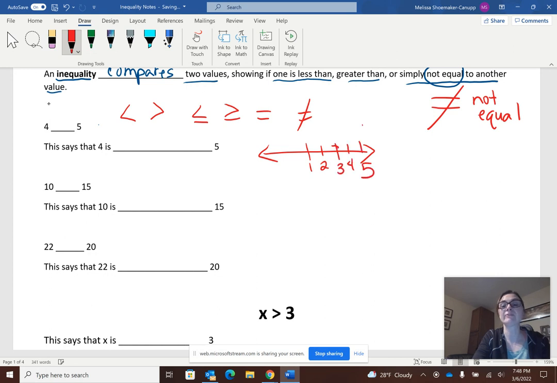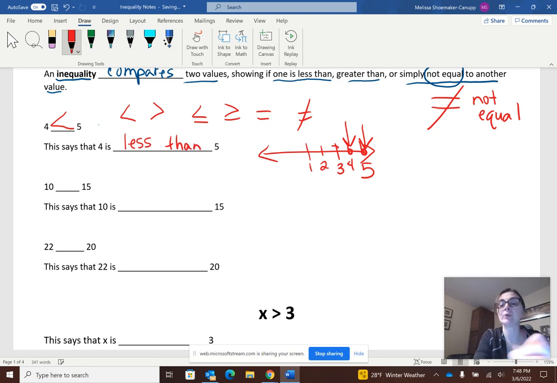Okay, and I see that 5 is here, right? And 4 is here. We learn about this with positive and negative numbers. If it's to the left, we know that it's smaller. So we're going to make our less than. The mouth is open, eating the larger 5. So when we do that, it says that 4 is less than 5.